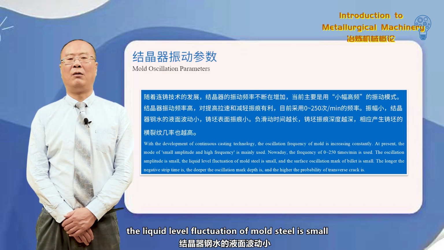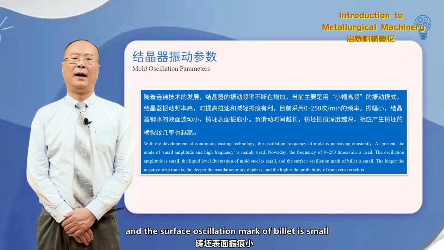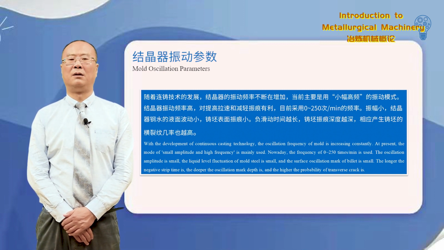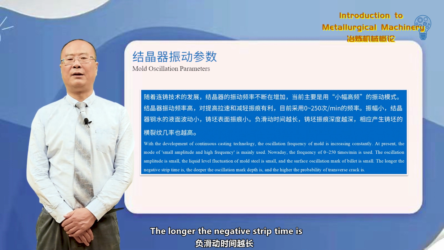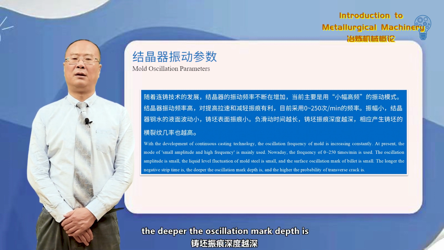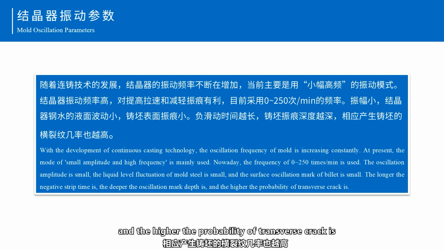The liquid level fluctuation of the mold steel is small, and the surface isolation mark of the billet is small. The longer the negative strip time is, the deeper the isolation mark depth is, and the higher the probability of transverse crack is.